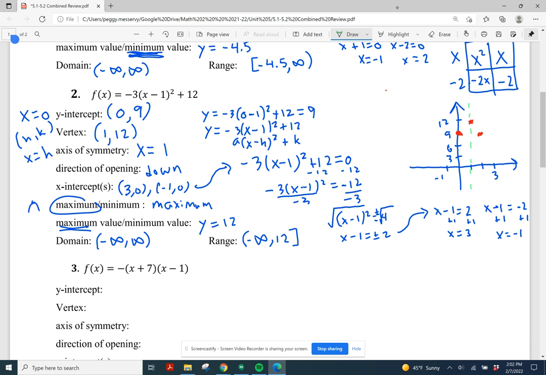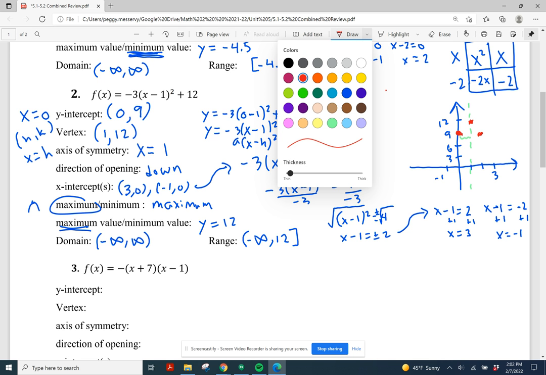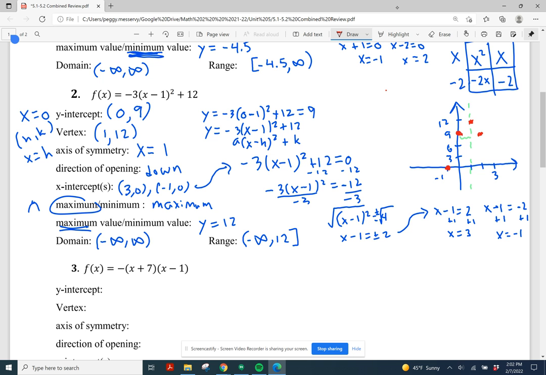So if we're 1 unit away on the left side, we go 1 unit away on the other side, and we get another point, right? Okay, let me go back to the red and finish my sketch. Intercepts, negative 1, 0, 3, 0, and then we'll draw our parabola opening downward. And there's our parabola.